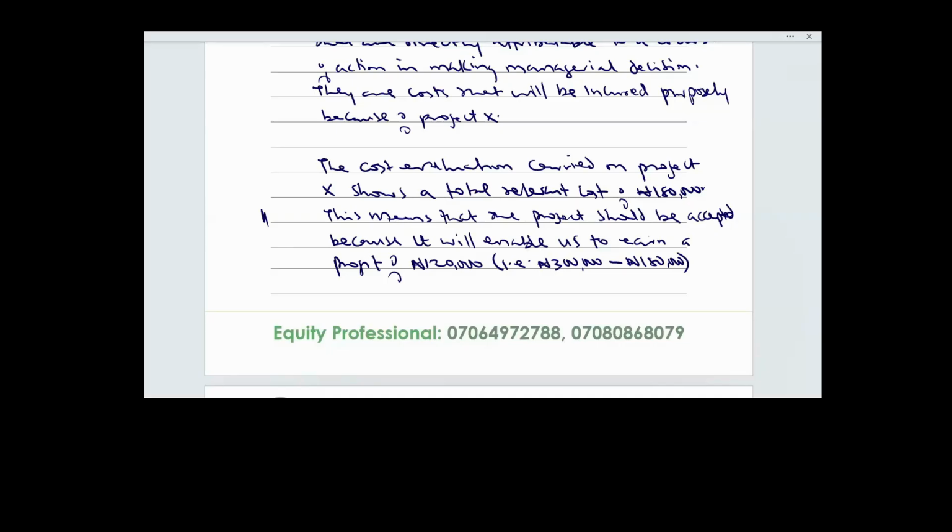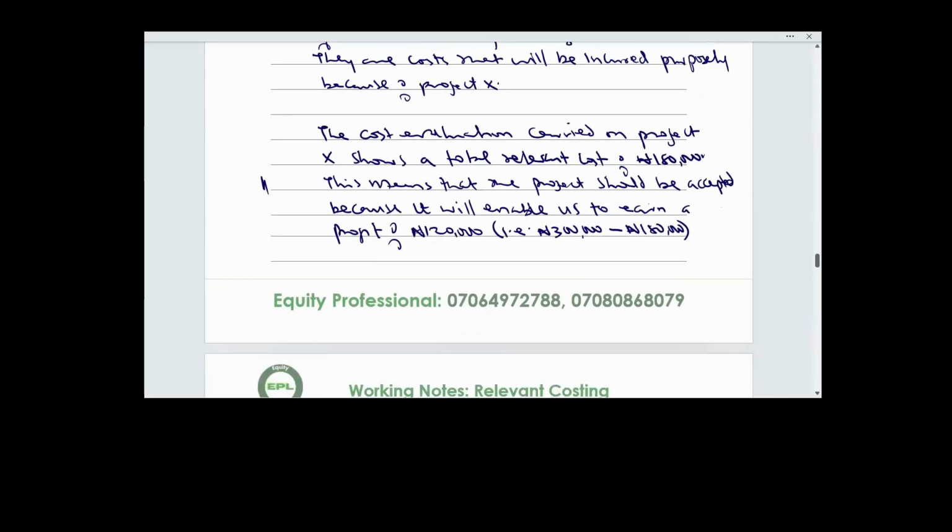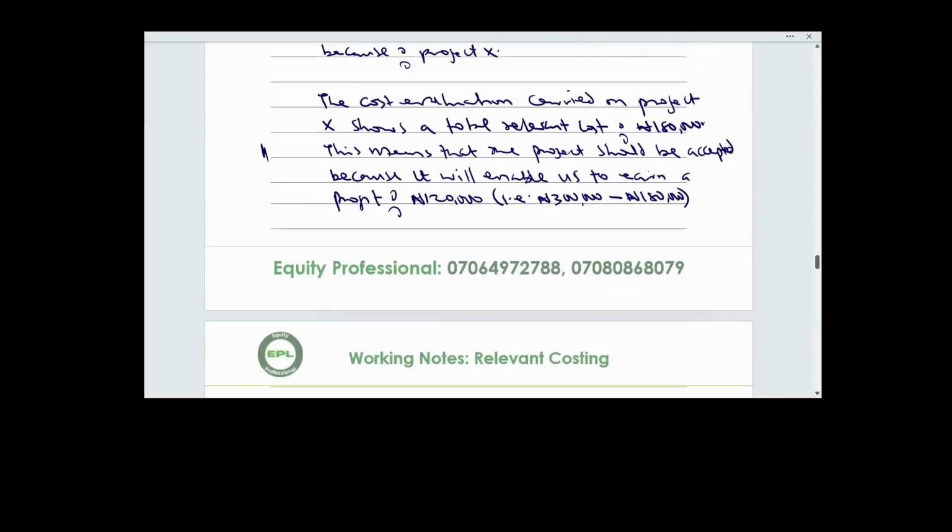Okay? Let me do it this way. The cost evaluation carried out on Project X shows a total relevant cost of 180,000 naira, as shown in A above.